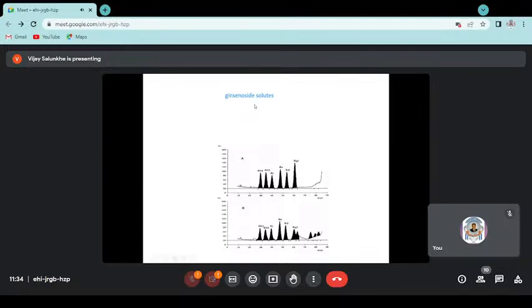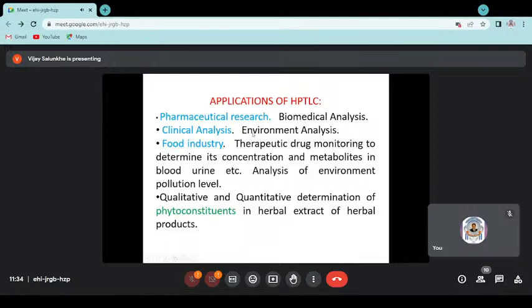Also, our college has HPTLC for qualitative analysis. We can go for qualitative analysis, separation of bands, separation of peaks, and we can provide you the RF value and photo documentation of the bands. Whatever we can get, we can provide you all that qualitative estimation, and quantitative estimation with the help of the TLC scanner can be done in Anchrom Lab, Mumbai. So whatever your sample, you can analyze it qualitatively and quantitatively.